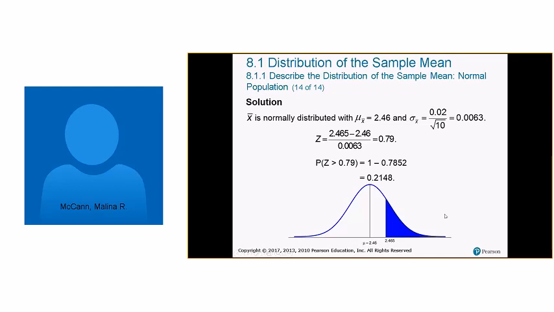Okay, so you would type in mu is equal to 2.46, and the standard deviation is 0.0063. And you would type in 2.465 to 9999, and it would give you that 2.2148.